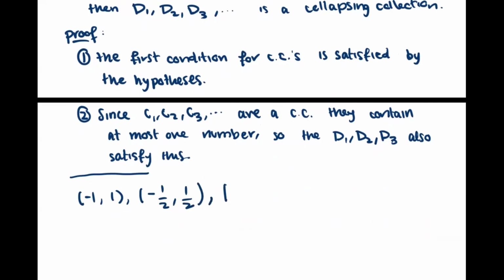So this is going to be factorials, so -1/3 factorial to 1/3 factorial, -1/4 factorial to 1/4 factorial, and so on. Have you guys encountered factorials before? You've seen it? Okay. So why is this a collapsing collection? It definitely looks like one, but maybe it's a little bit harder to argue.